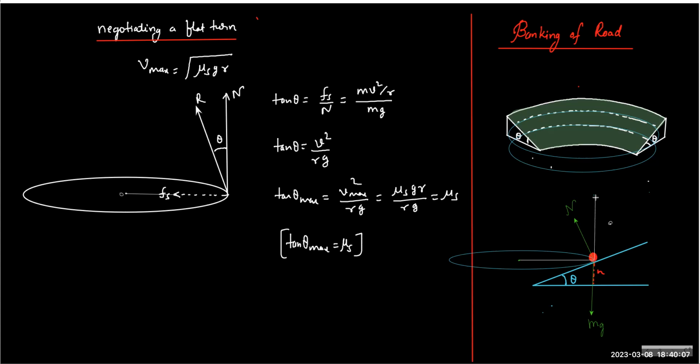And if it's yes, then what do you realize? So you should realize that earlier only friction was providing some centripetal force, but now normal can also do the same, isn't it?